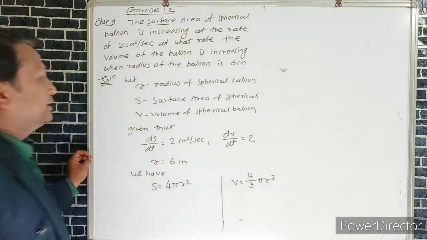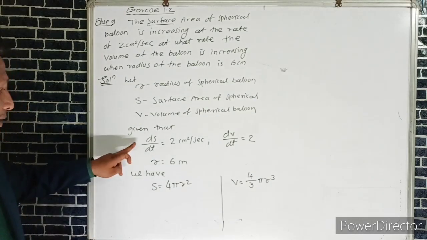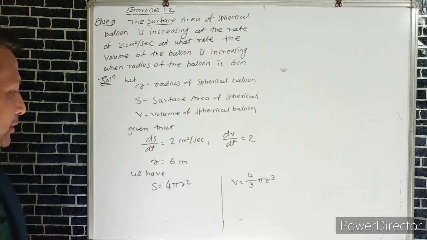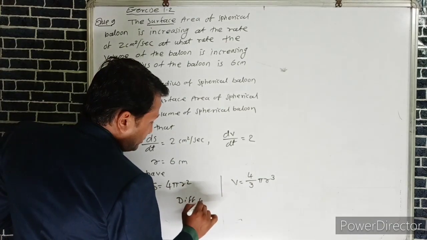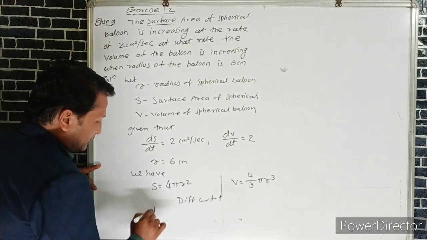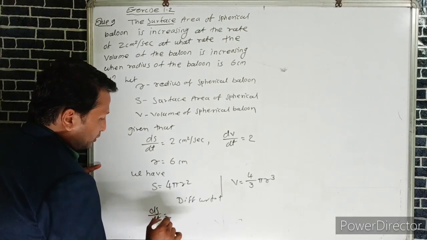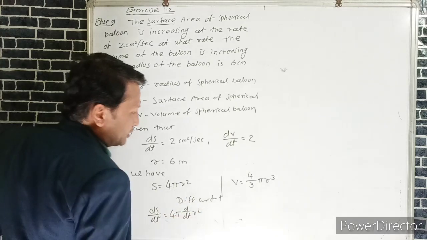By the given condition we have to find the value of dv upon dt. So here given that ds upon dt is 2 centimeter square per second, if we differentiate both S and V with respect to t, we can write ds upon dt is equal to 4 pi times the derivative of r square.